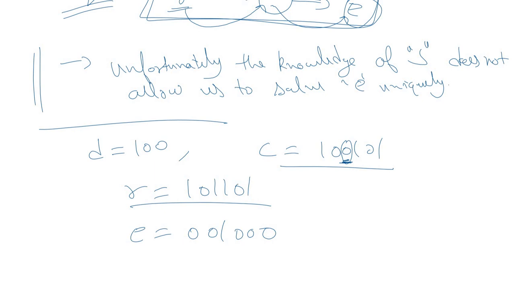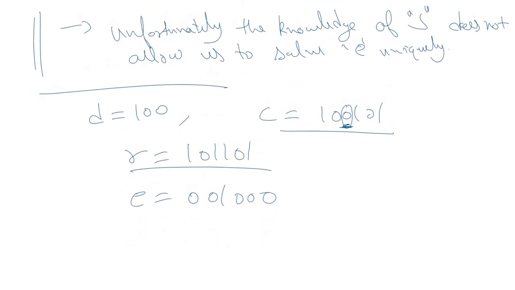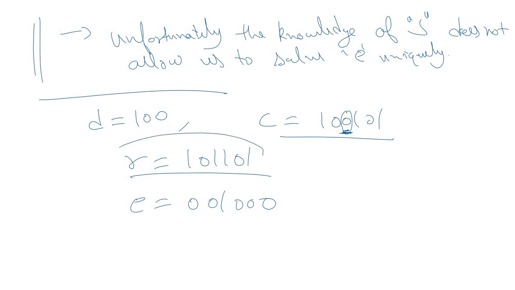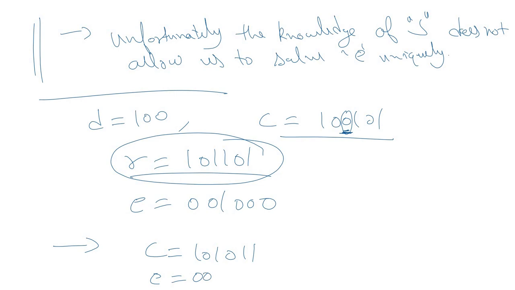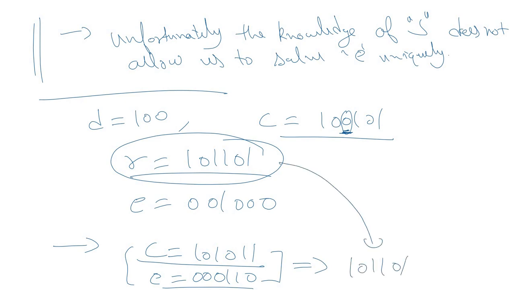But the same word could also be received. This same received word could also be received if C was 101011 and the error word was 000110. If we have this code word at the input side, and this error during the transmission, we will get the same received word, that is 101101, which is the same as this.